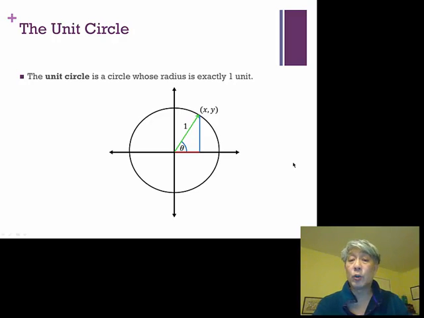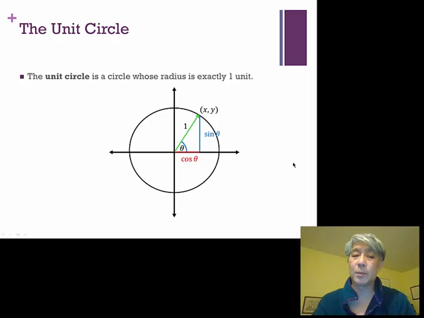If I was to change the radius to some other number, I can simply multiply all the sines, cosines, tangents, whatever, by that radius to get the new value with a different radius. So for instance, the X position is basically the cosine of that angle theta. The Y position is the sine of that angle theta.